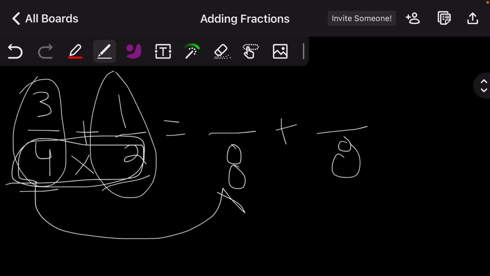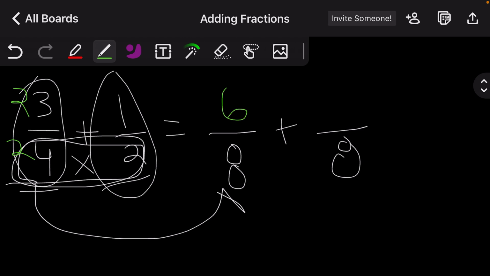So that means we scaled this fraction's denominator by 2. So we have to maintain balance and scale the numerator by the same amount. We're going to scale the numerator by 2, which is going to give us 6.